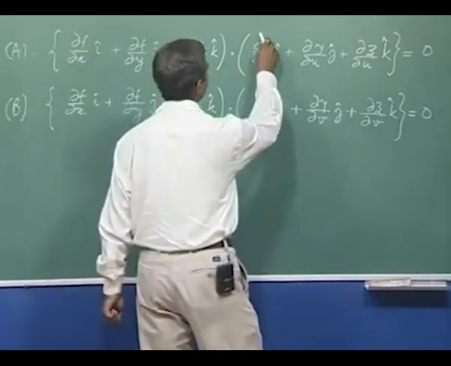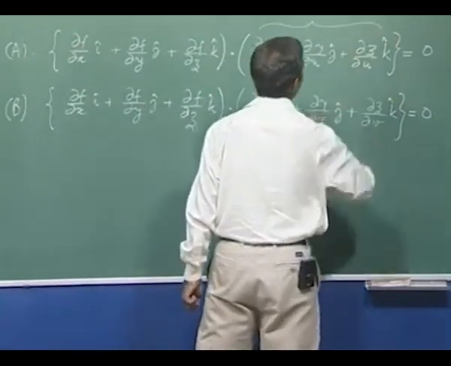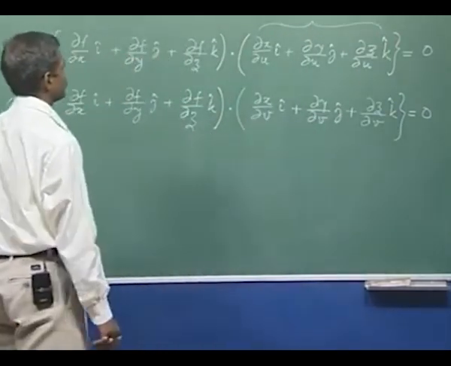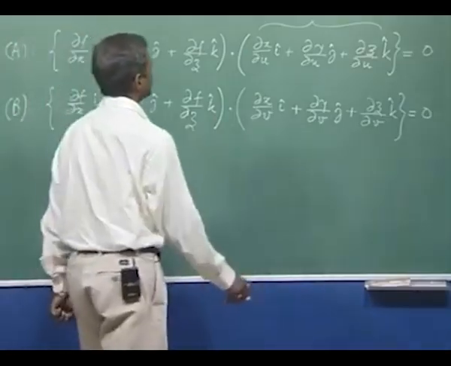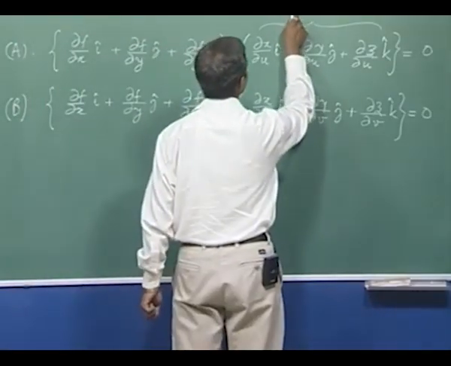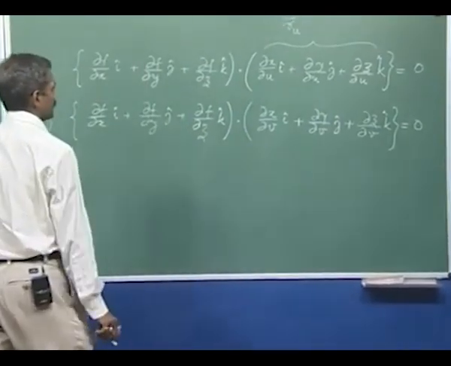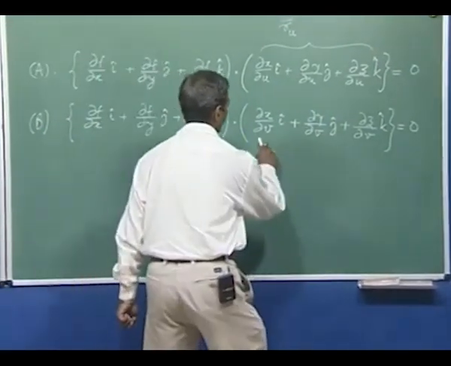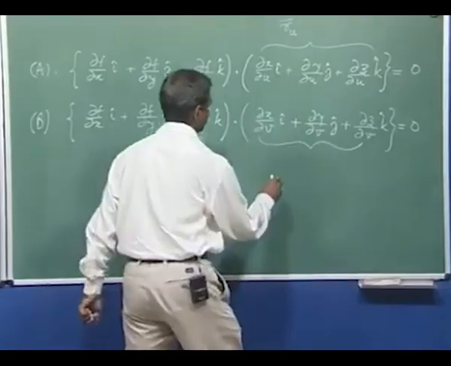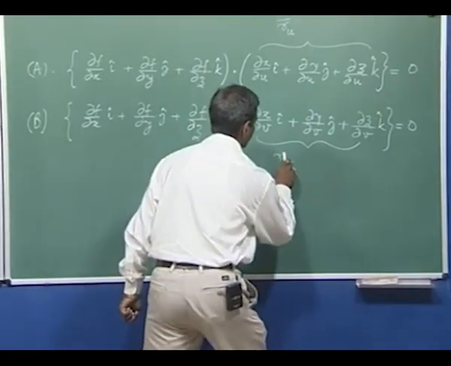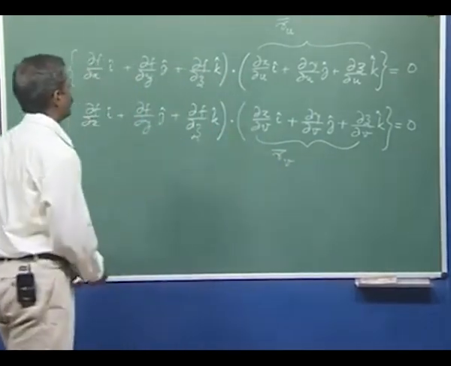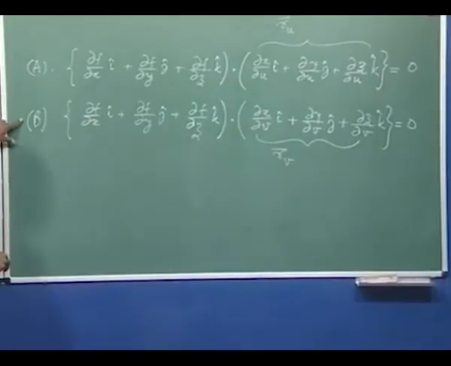Now try to identify what this vector is. This is the tangent along the u direction. How about this one? This is the tangent along the v direction. So what are these two equations conveying?